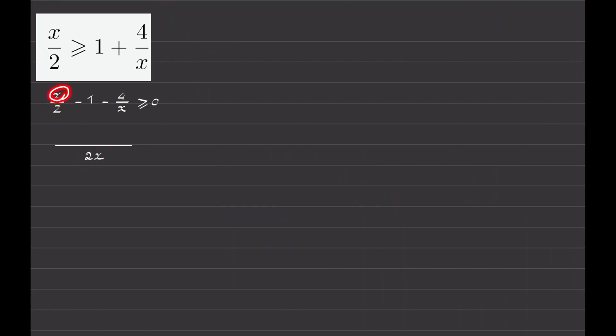An extra x will be multiplied here, so it gives me x squared. The next term similarly becomes minus 2x. And finally the next term will be minus 8, because when I compare this one with that one, I have an extra 2, and that extra 2 will be multiplied here, and I have a minus sign. And then it's greater than or equal to 0.